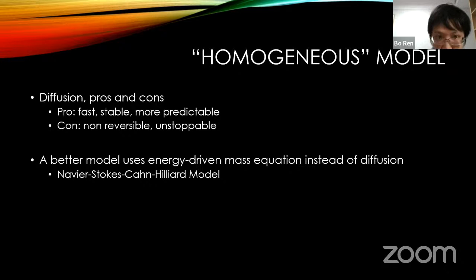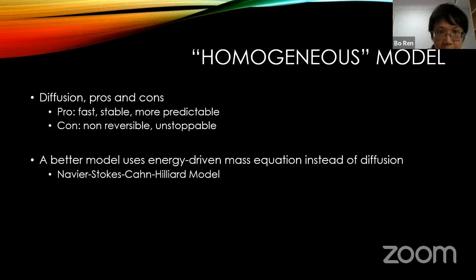It's very stable, and we almost always know how diffusion will go, how diffusion directions will go, which means it's very predictable. But the downside is that the diffusion is non-reversible and unstoppable. You will never stop a diffusion before all the colors are mixed together, which results in a dull color.